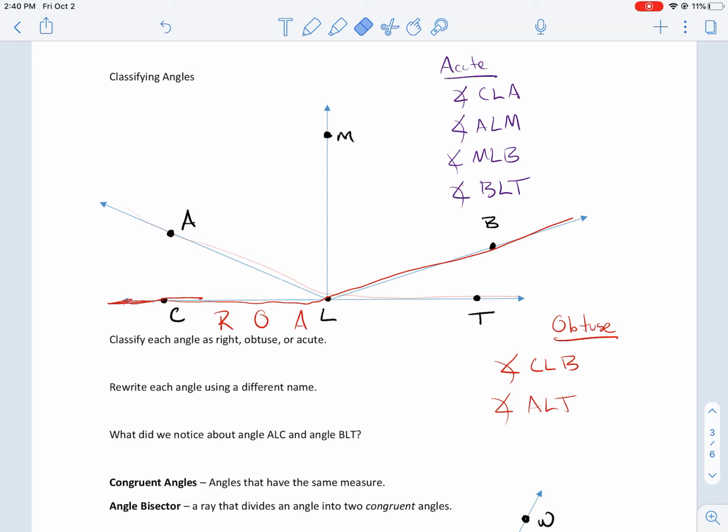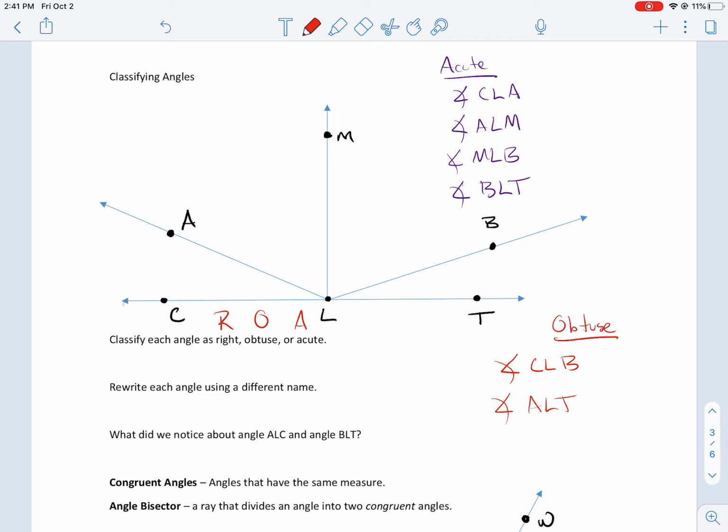Okay. So now, the last part you're probably wondering, what about rights? This kind of looks like a right angle, right? And this kind of looks like a right angle. Okay. And that's fine to think that it kind of looks like one. Okay. But what we have to remember is that because I didn't clarify that those two are right angles, unless I give that information to you or somehow we prove that those two angles are right angles, we can't assume anything.